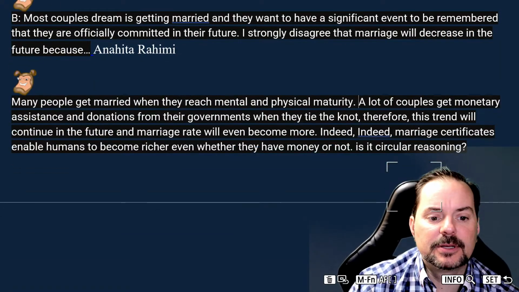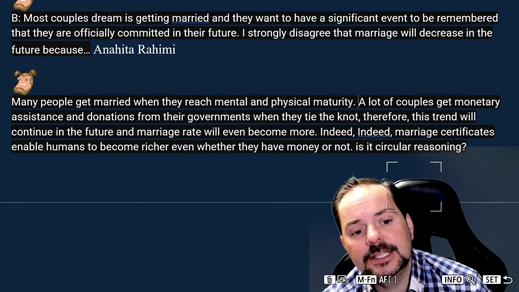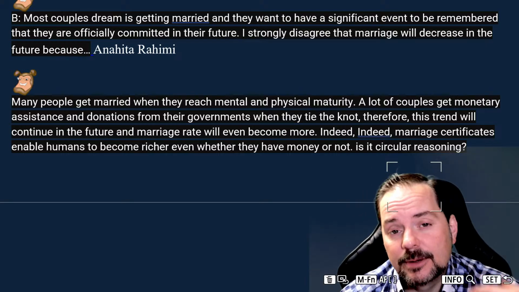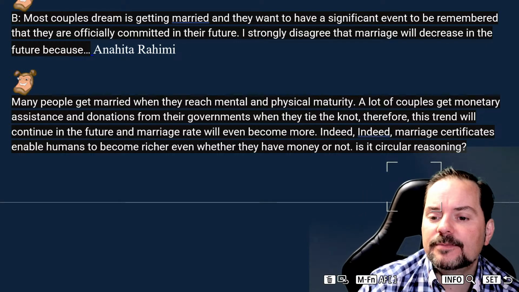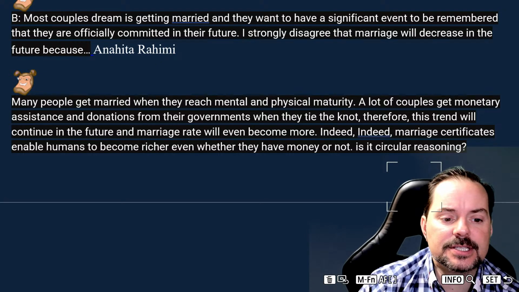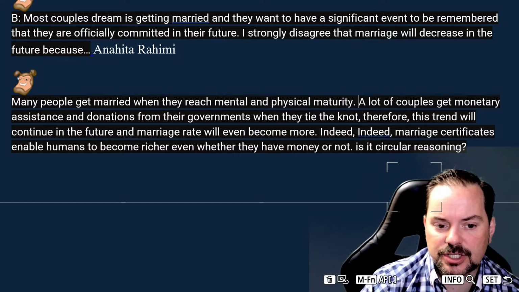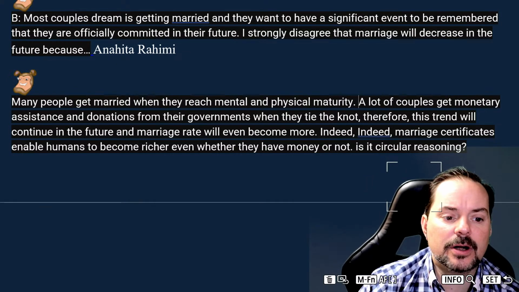Anahita writes, many people get married when they reach mental and physical maturity. It's a nice, clean sentence. It's not too catchy, Anahita, so try to be creative with these sentences, but it's a good hook for the IELTS. A lot of couples get monetary assistance and donations from, it's not donations. We don't consider that donations. It's assistance or support.